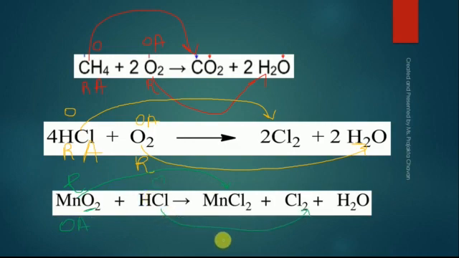HCl, as it is getting converted to Cl2, we can say it is removal of hydrogen, isn't it? And removal of hydrogen is what? Oxidation. Brilliant. And as oxidation is taking place for HCl, or HCl is getting oxidized, we can say that HCl itself, वो खुद क्या है?